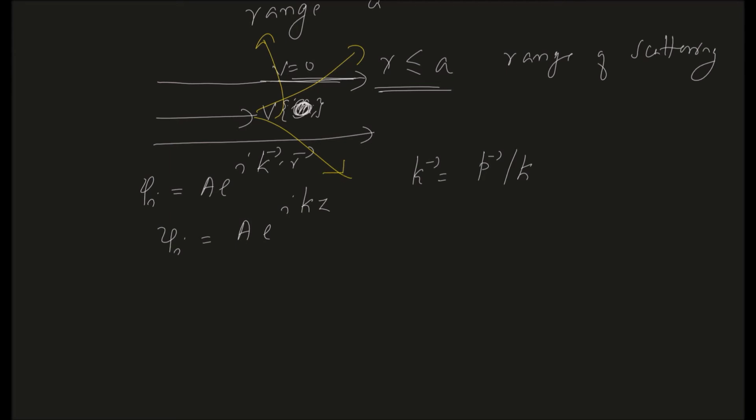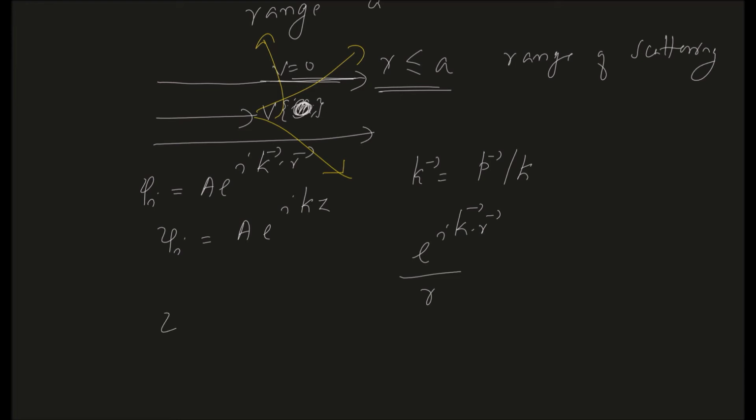Now in the case of an isotropic scattering, the scattered wave will usually be spherically symmetric, and it has the form of e raised to i k r by r, the usual expression for the spherically symmetric wave. In general, however, the scattered wave is not spherically symmetric. Its amplitude depends on the direction theta and phi along which it is detected.